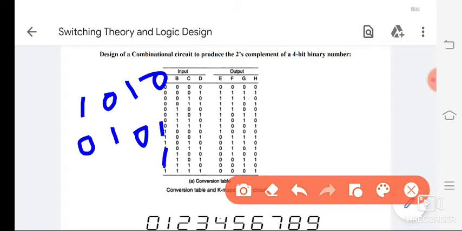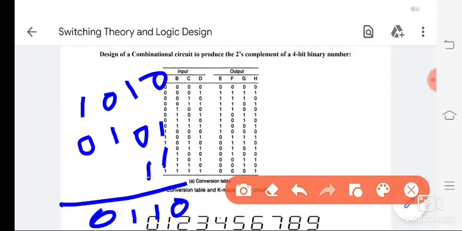After that, add 1 here, that means 1 plus 1 is 0 with carry, giving 0 1 1 0. This is the value of 10. So you have observed clearly, we get 0 1 1 0. In the same manner we convert 0 to 15, that means 4-bit binary numbers, into 2's complement.